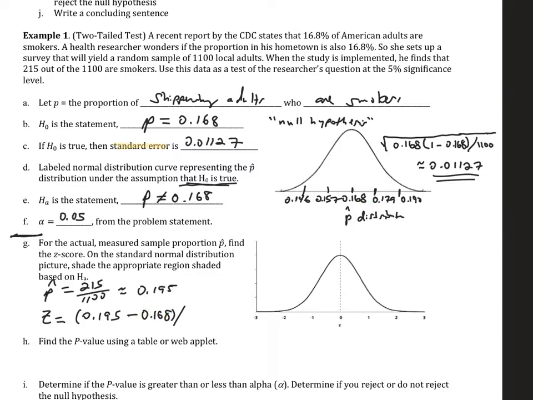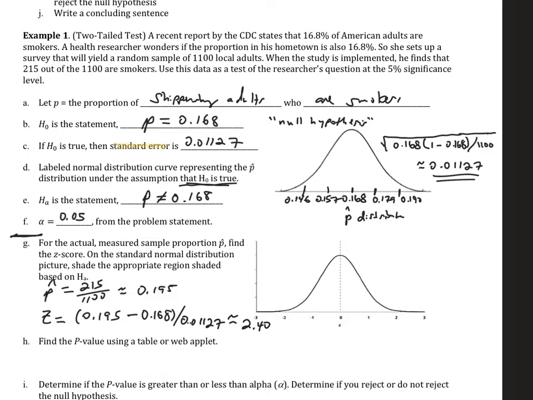That's what I'm subtracting in the z-score formula. And then I'm dividing by the standard deviation. Remember, the standard deviation is just how far apart the tick marks are. And we figured out up here that was 0.01127. So I put that in my calculator, and I get 2.396. So rounded to 2 decimal places, that's 2.40.